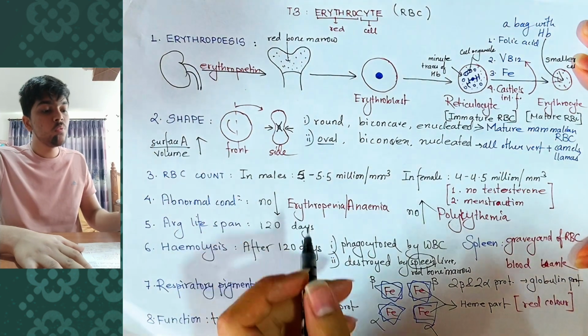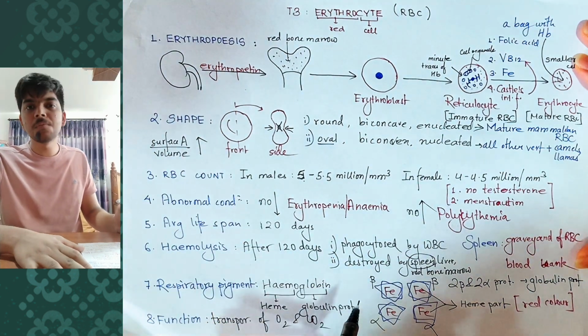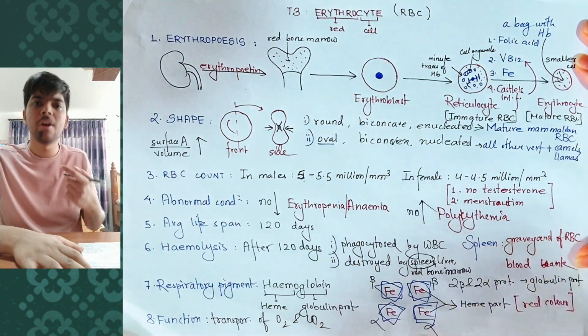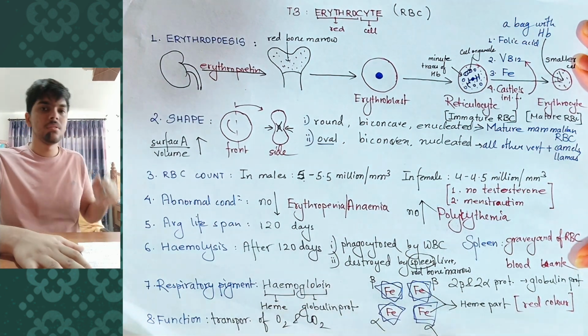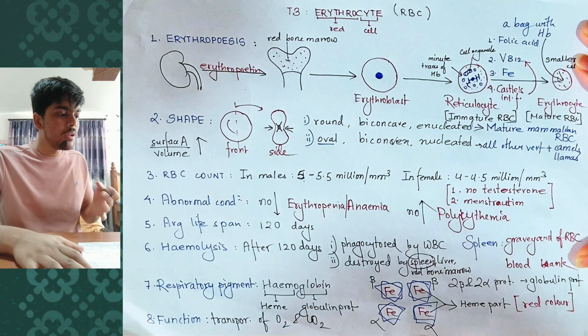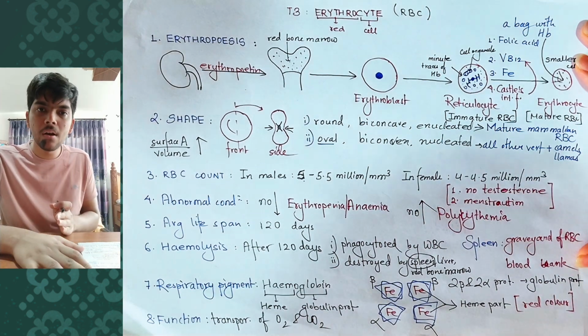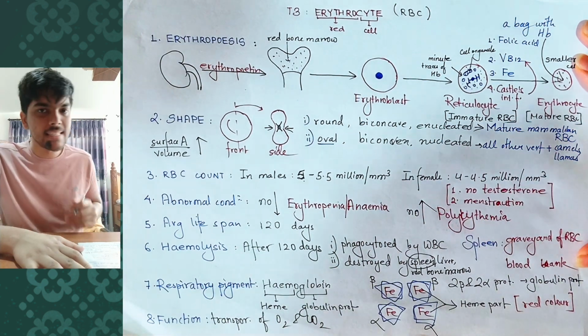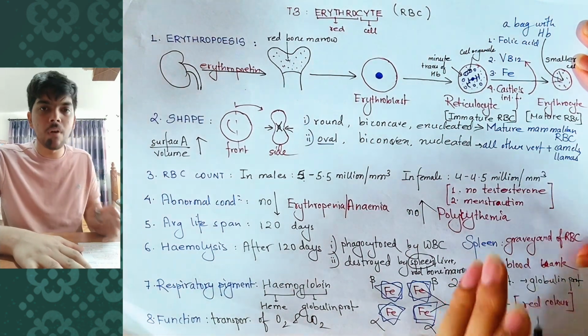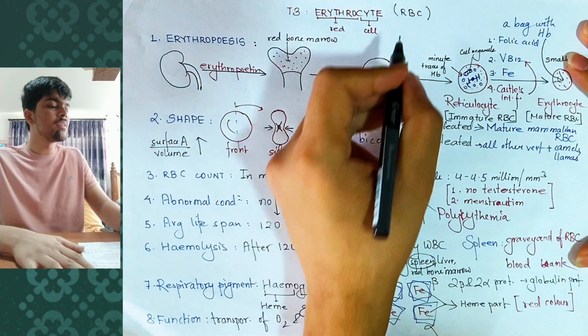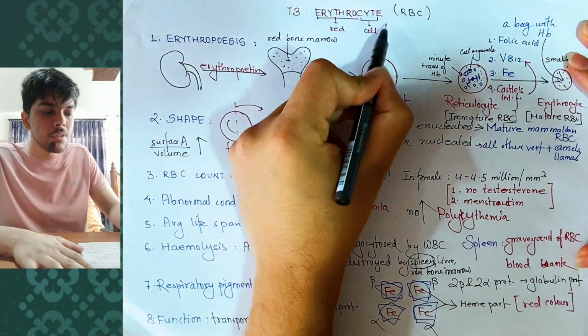Okay, so we are going to study the various formed elements, by that I mean red blood cells, white blood cells and platelets, under various titles to make it easy. At the same time, I want you to compare the information under each title of all these three formed elements. So firstly, erythrocyte. The first title is formation of erythrocyte.